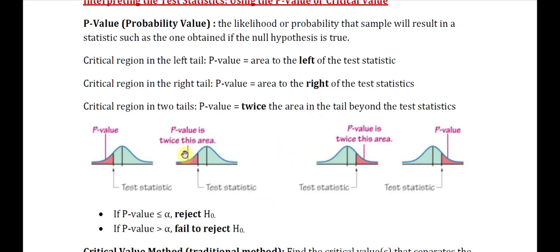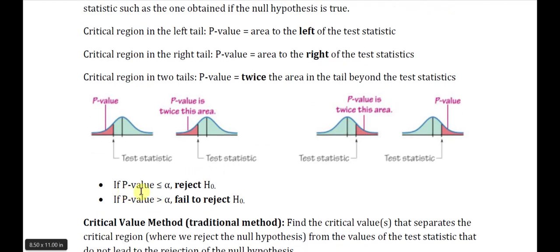That's why we can take just one portion, either from the left or from the right, and then multiply that by 2. Now, for the p-value method, if the p-value is less than the significance level alpha, or the type 1 error, then we reject the null hypothesis. If it's bigger than alpha, we fail to reject the null hypothesis.